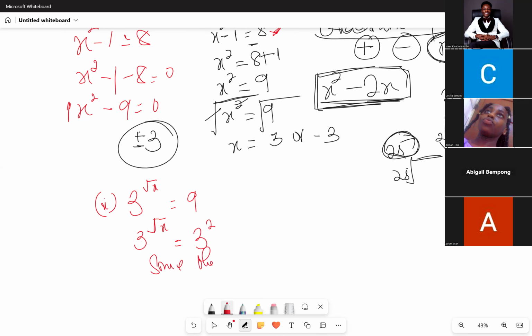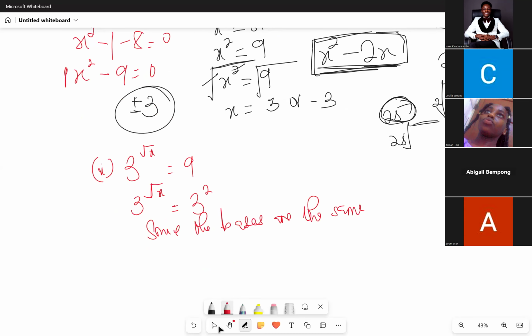Since the bases are the same, this should be simpler. What happens? Root x is equal to 2. Is that the case?